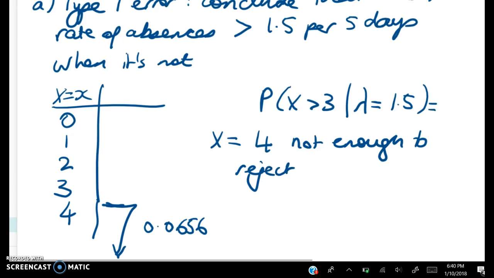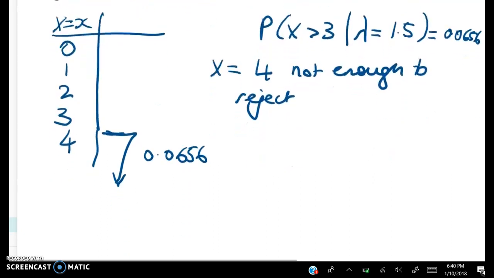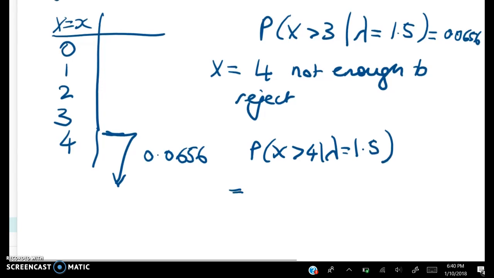Okay, so the probability of x being greater than 3 was just bigger than my significance level. So now we've got to say, well, what about the probability that x is greater than 4 when lambda is equal to 1.5? And if we go ahead and work that out, that means that we're looking at the probability of 5 or more.